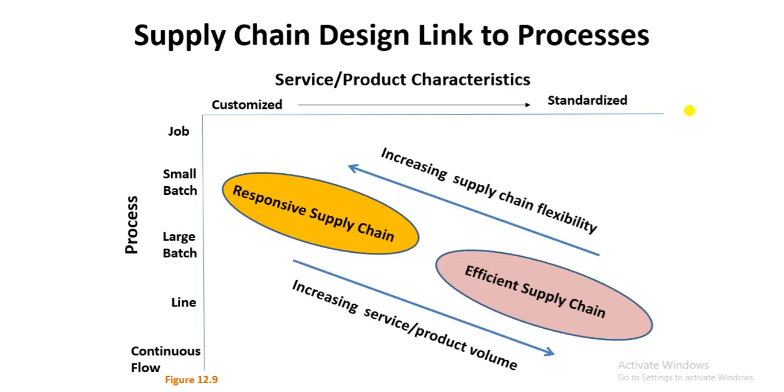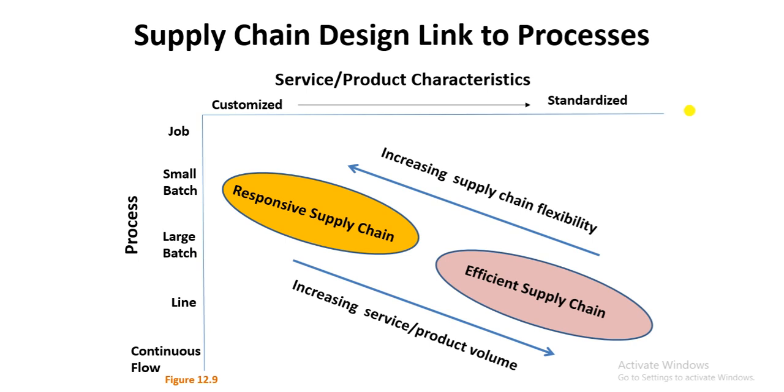Here you can see that the design of supply chain is also related to the processes which an organization is choosing for its customers. And we have already discussed the different types of processes.